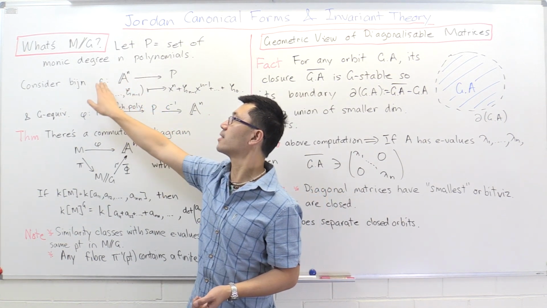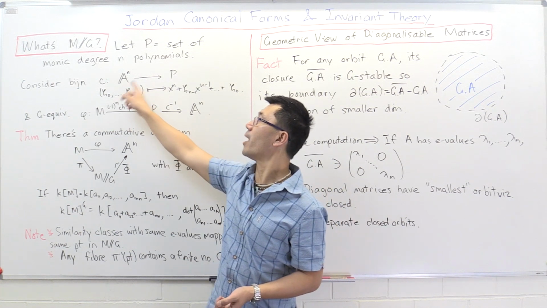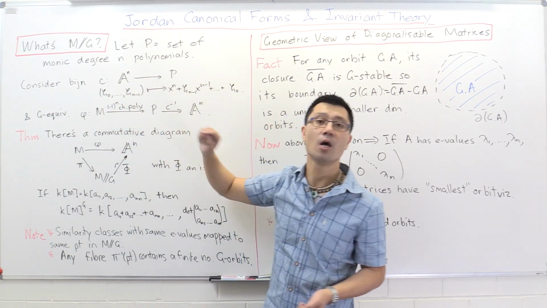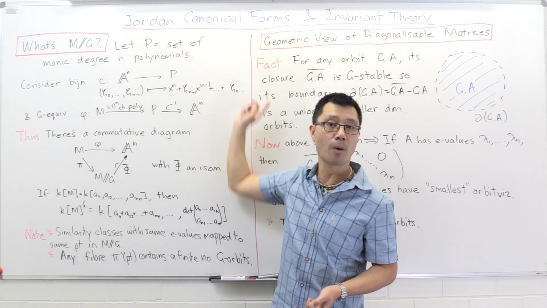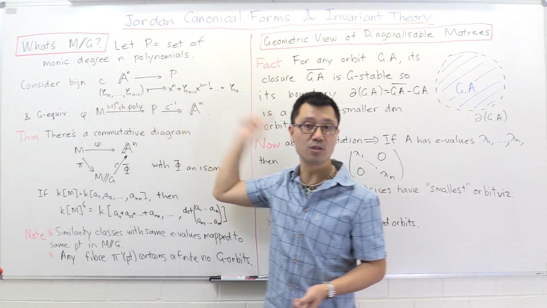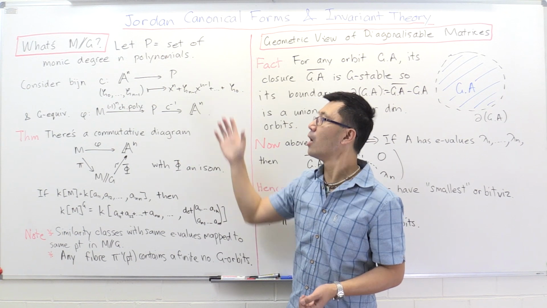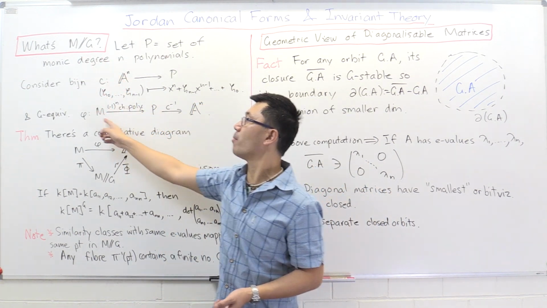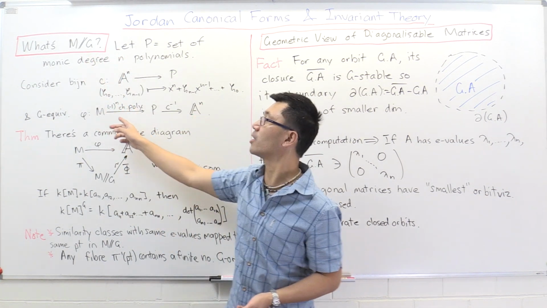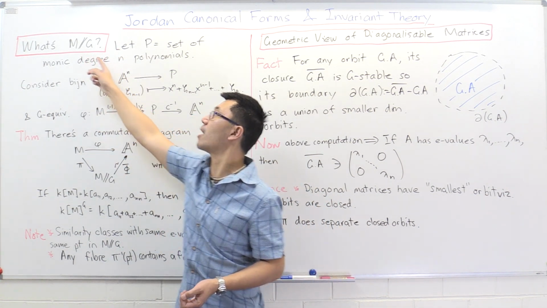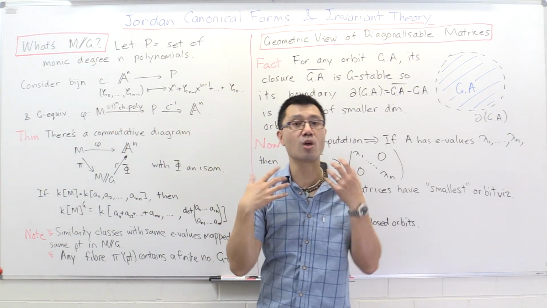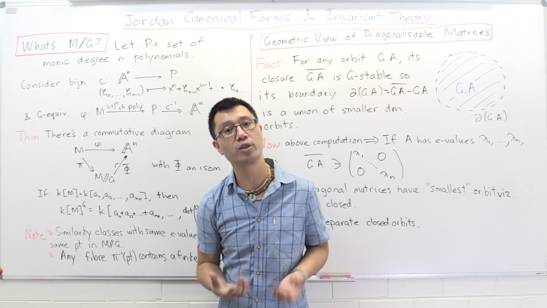So let C be the bijection from A^n to P, which sends this vector zeta 0 up to zeta n minus 1 to the corresponding monic polynomial with these as coefficients. Now we want a G-equivariant map from M to M double mod G, so I'm going to give you something which plays the role of this M double mod G, a G-equivariant map, which is the one here. And it also mimics what you do when you do Jordan canonical forms.